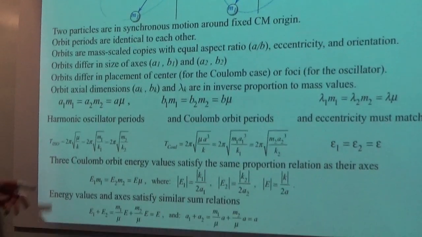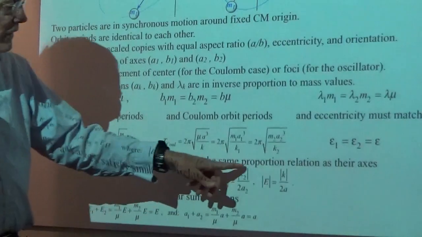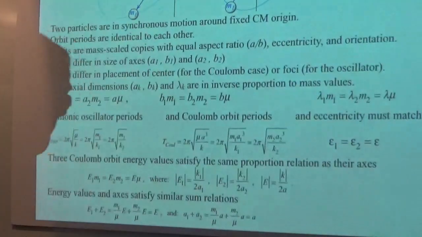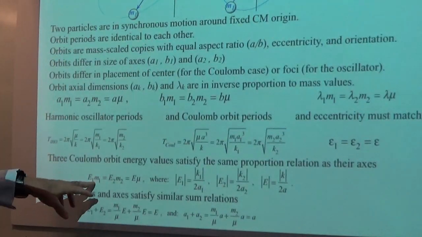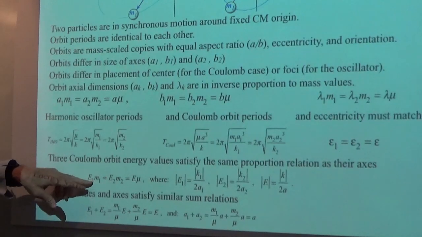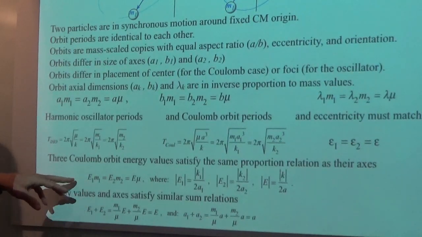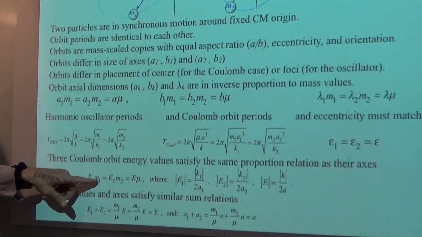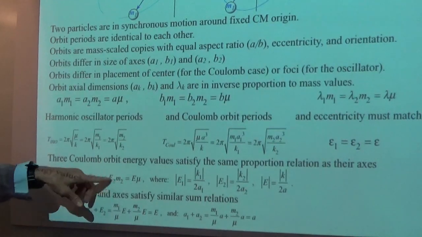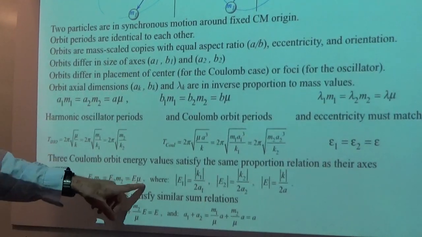Coulomb orbit energy values set aside the same proportion relations as their axes do. It's E1 M1 equals E2 M2 equals E reduced mass.